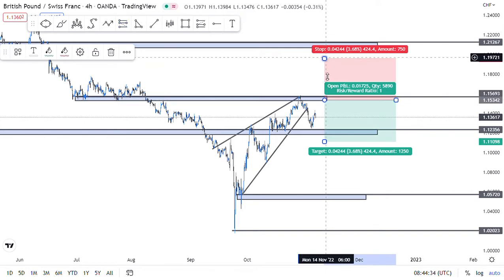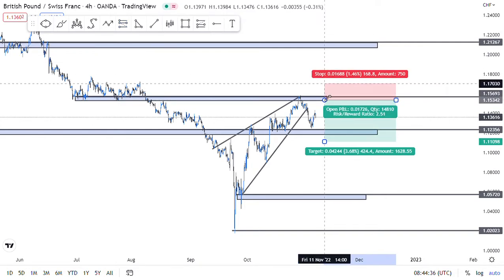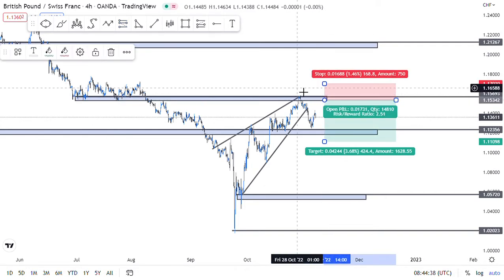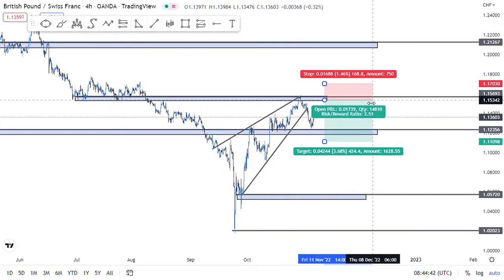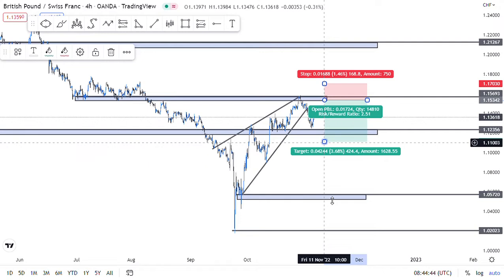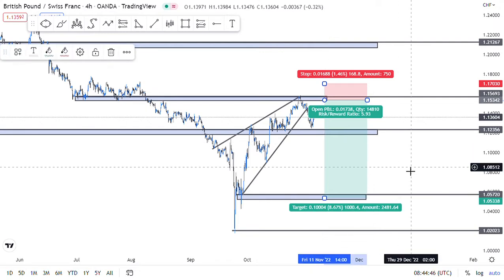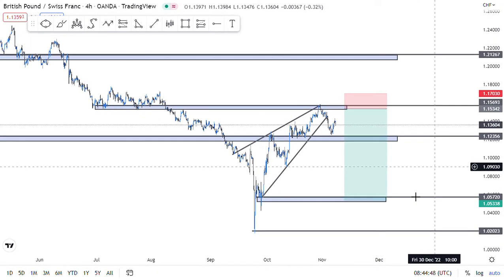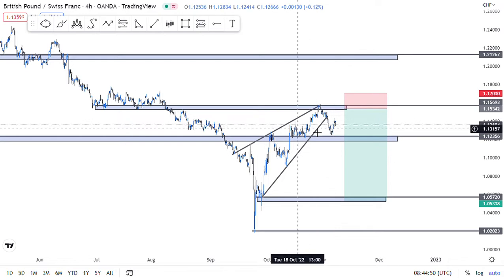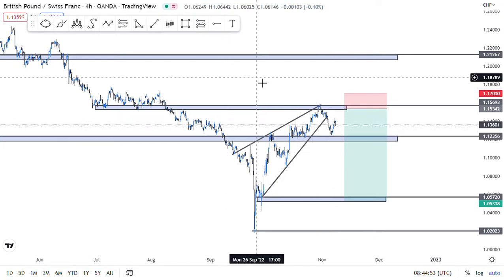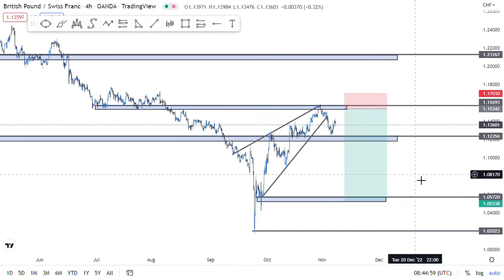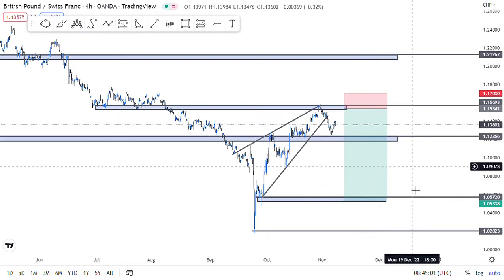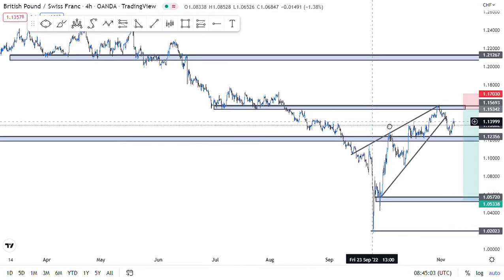So you can enter as soon as you get to that point, and then stop loss right about there, and then sell to that point right there. One more thing, you have to have different take profits. This is take profit number 1, and then you can have take profit number 3. This is the last take profit on GBPCHF.